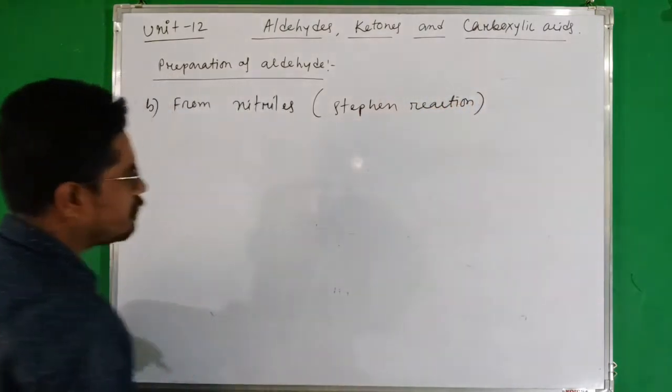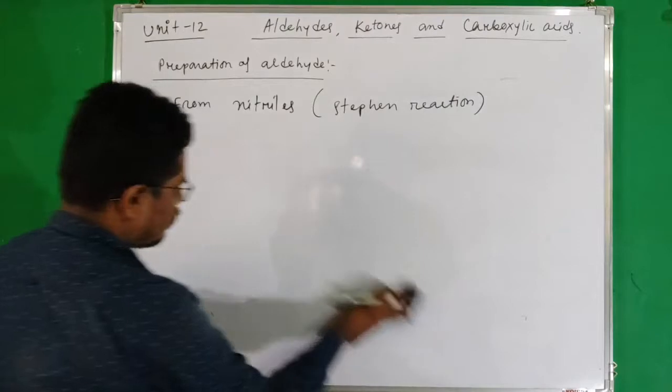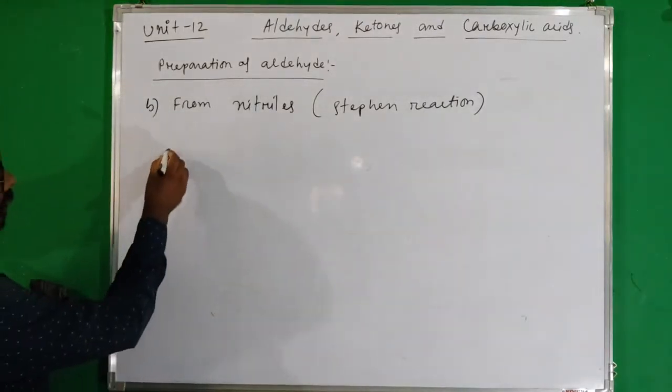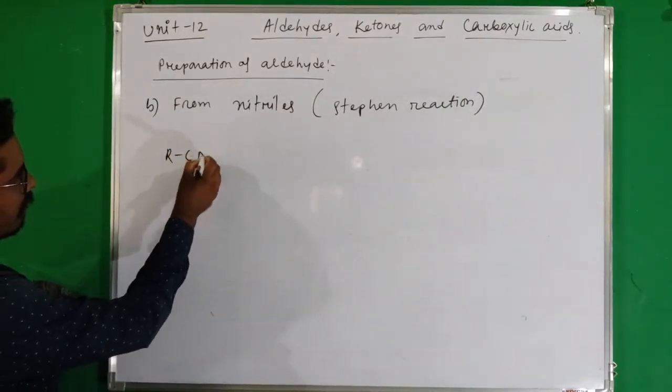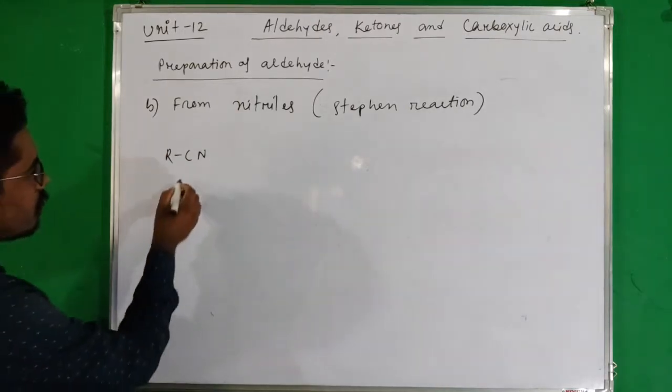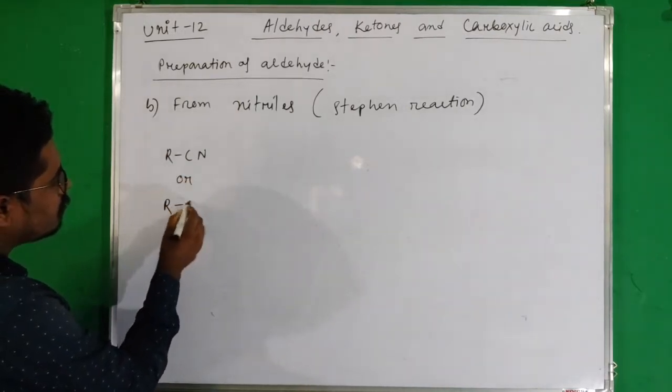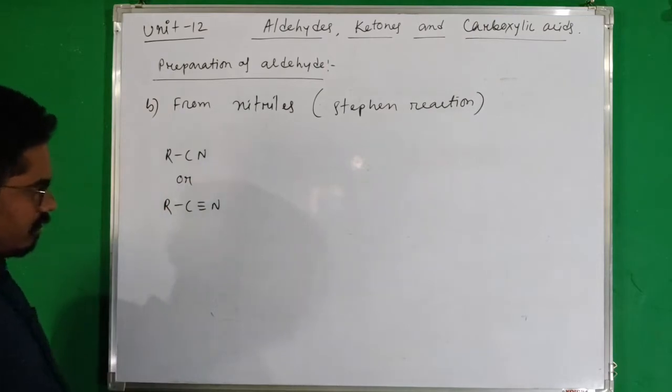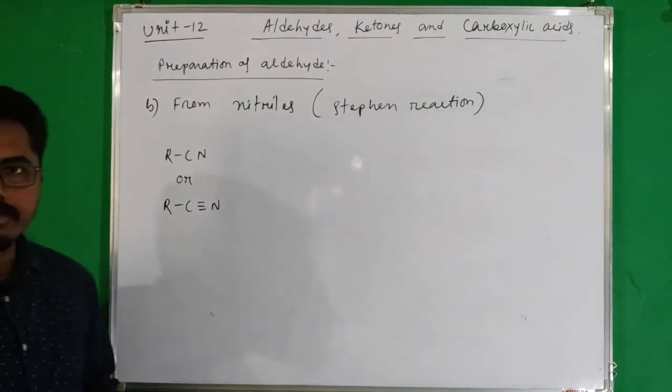Nitrile means, suppose we have RCN, that is R C triple bond N. This organic compound is known as nitrile.